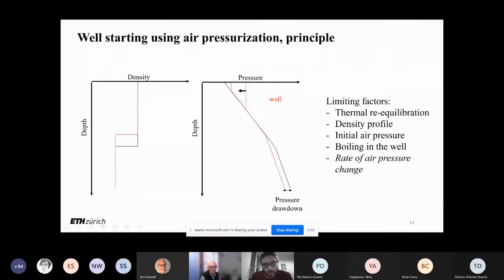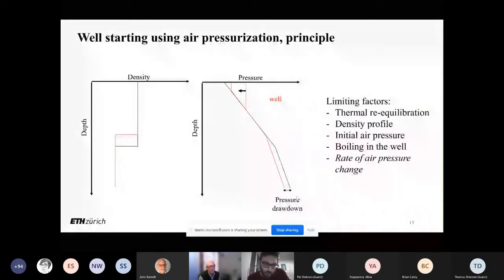So what you achieved here is that you have a different pressure profile in the well and in the formation. And so you have a pressure drawdown. Once you have extinguished all of the air pressure, you hope that maybe you will have sufficient pressure drawdown so that the well will just self-sufficiently flow.